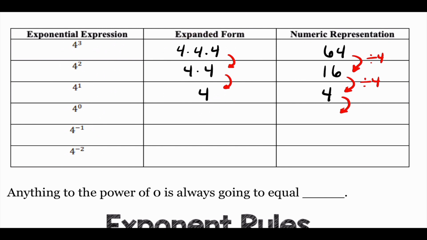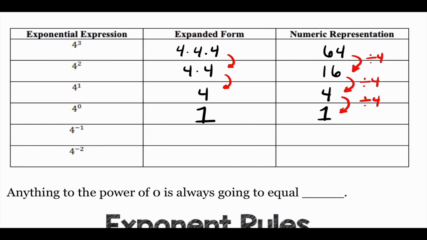So the pattern should stay the same. So what's 4 divided by 4? 1. So actually, 4 to the 0 power is just 1. In fact, anything to the power of 0 is always going to be 1. It doesn't matter what it is. You see a 0 power, change it to 1. Always. That's just the way it is.